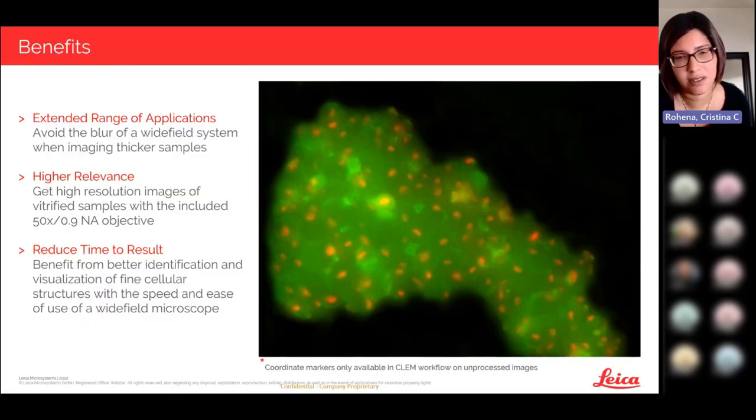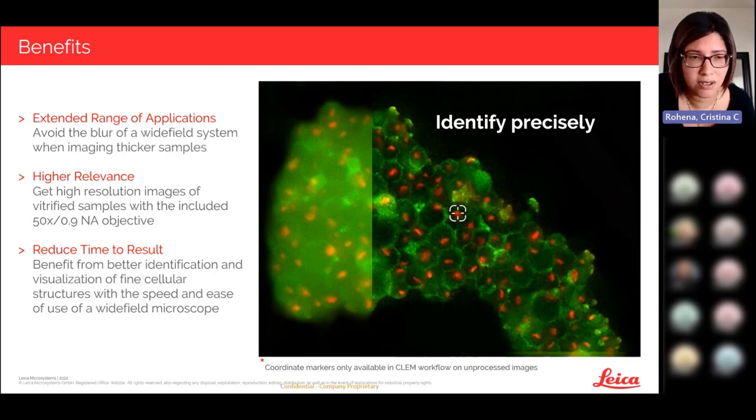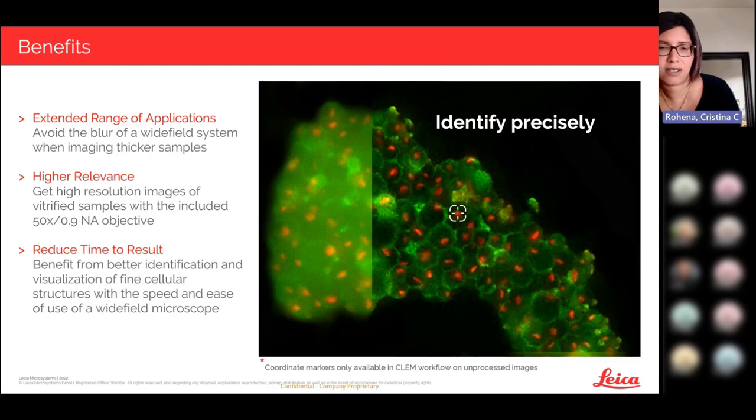So what are the benefits of the Thunder CryoCLEM? Essentially, you're going to avoid the blur of a Widefield system when imaging these thicker samples. So here is an example of these cells, and you can see how different it looks when you process this with Thunder, allowing you to identify really precisely the target of interest within your image. You're able to get higher relevance because you have higher resolution images, due to that 50x 0.9 cryo objective that comes with the system.